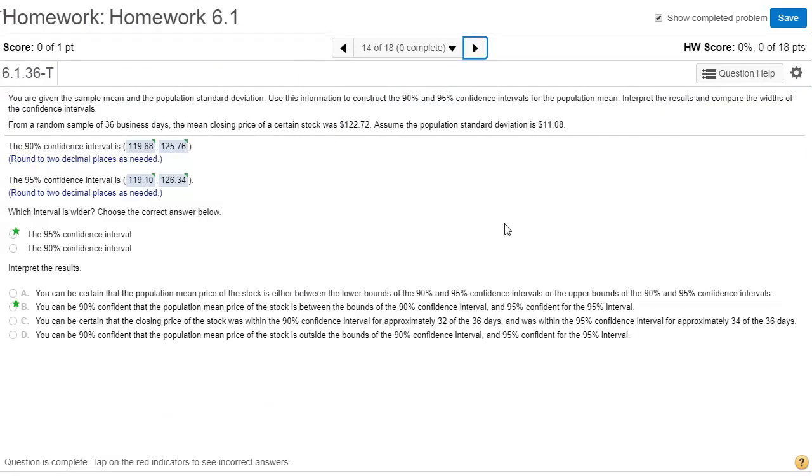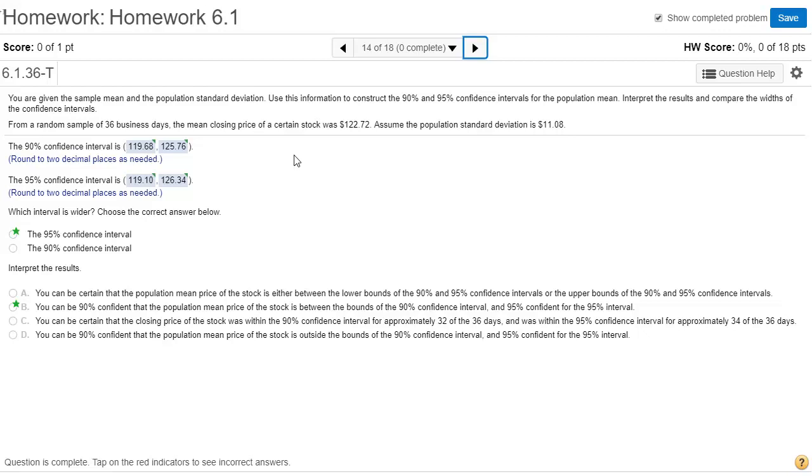Now again, remember, as I discussed in the instructional videos, the reason we're using a z-statistic, a standard normal curve, is we have to make sure that our sample meets the criteria of the central limit theorem. The central limit theorem says that if my sample size is at least 30, then my sampling distribution will be approximately normal.